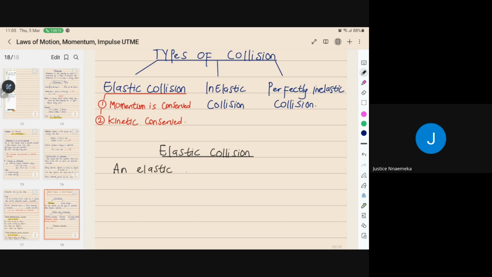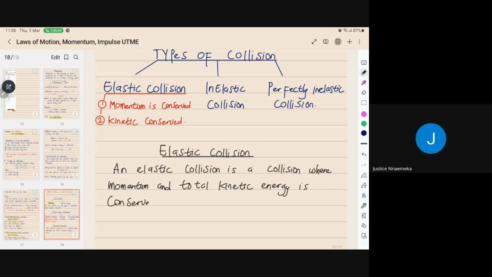An elastic collision is a collision where momentum and total kinetic energy are conserved. All right. So what does that mean?